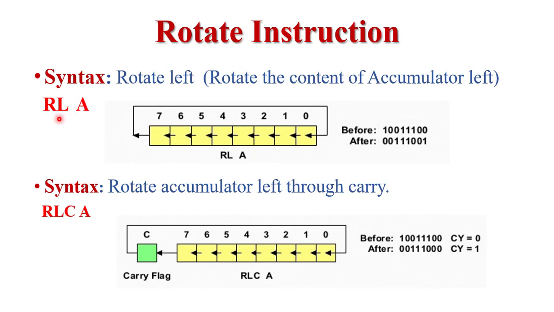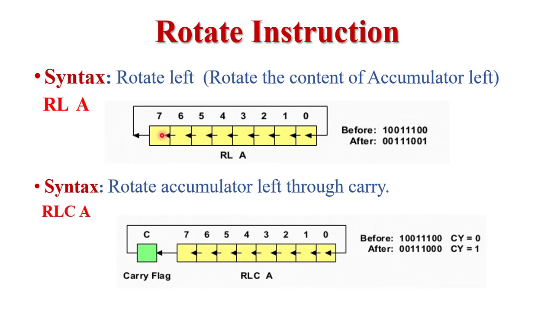RL is the opcode and A is the accumulator register. This instruction tells that rotate the content of the accumulator register left. So if the accumulator contains 1001100 before rotation, then by executing this instruction we rotate the content of the accumulator left.